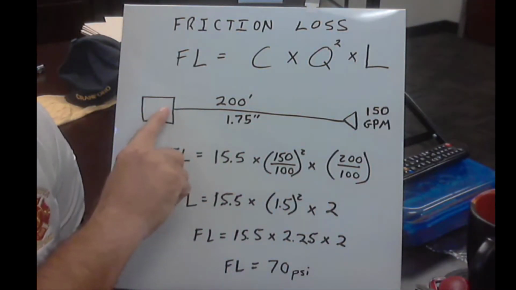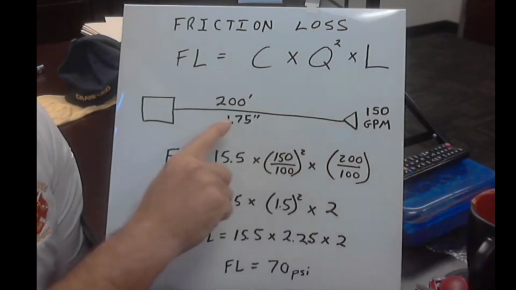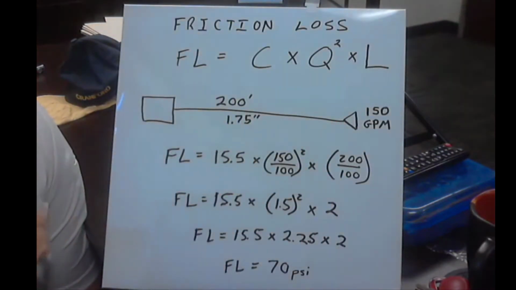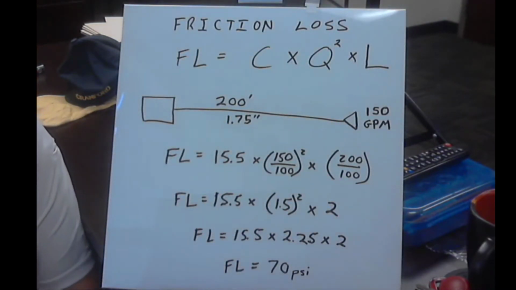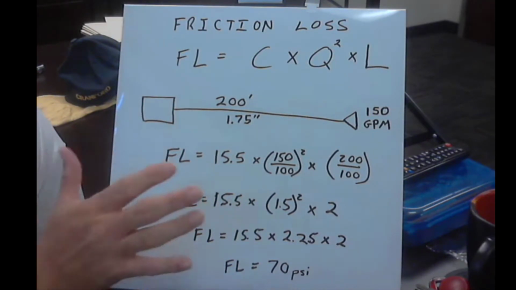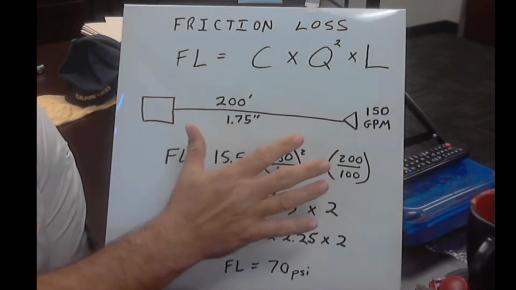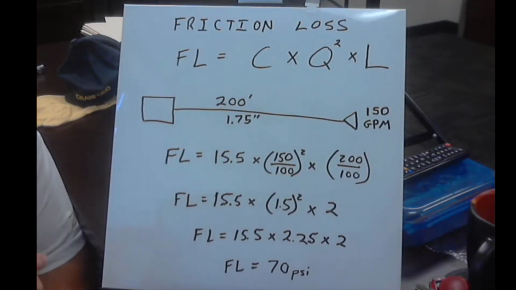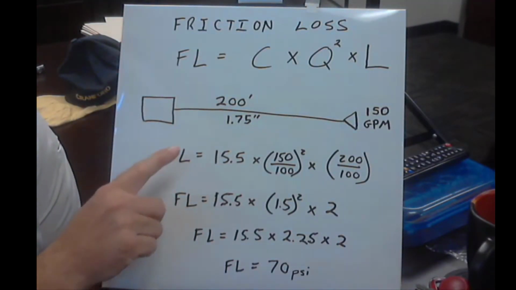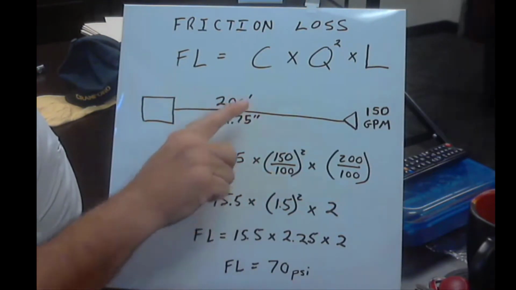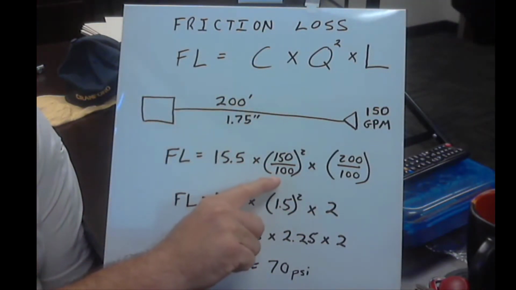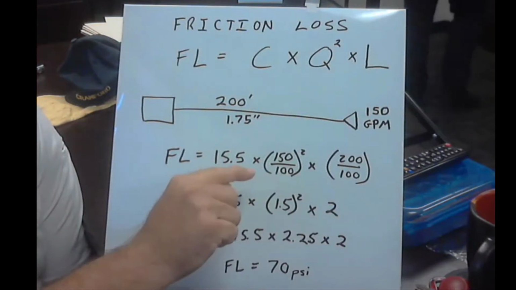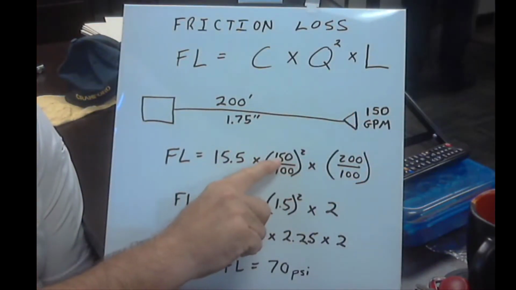We have here set up 200 foot of 1.75, that's 1 3/4 hose. And as we work down this equation, we start off with plugging in the numbers into our formula. So it's not very hard, we just need to know what the formula is. So do we have all the components that we need? Do we have the coefficient off of our pump chart? Do we have the quantity of water, the 150 GPM to plug in there?